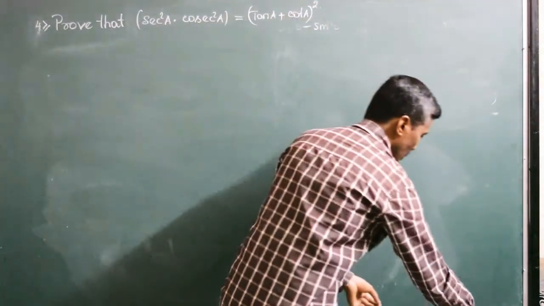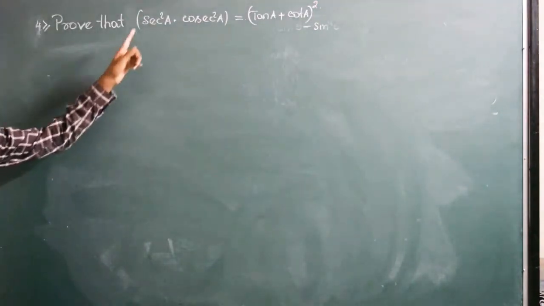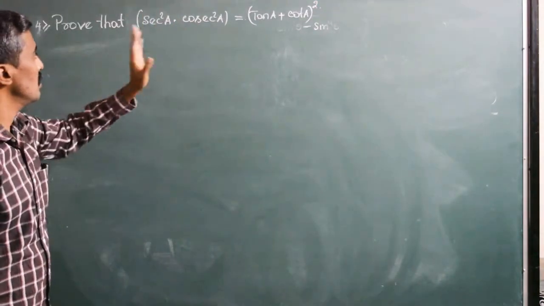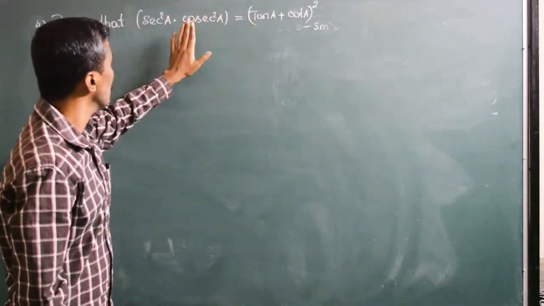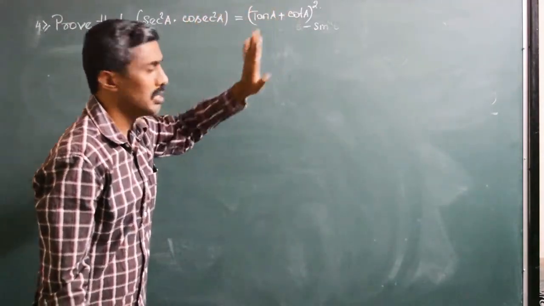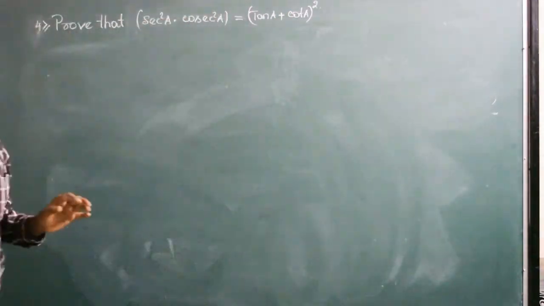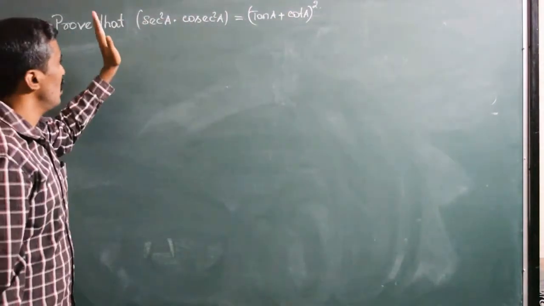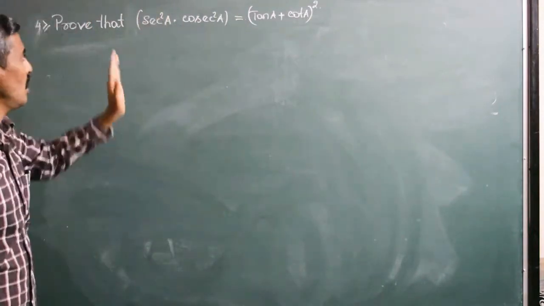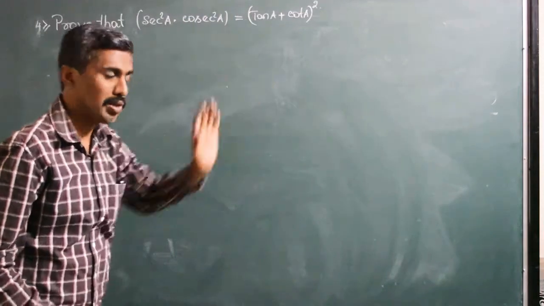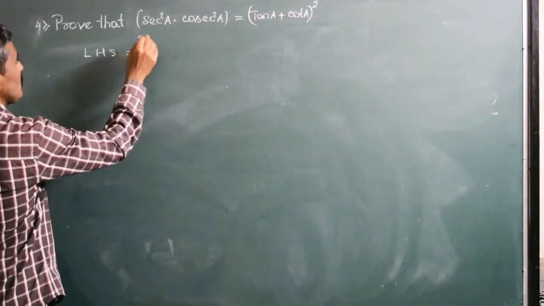So in the right hand side terms are in tan and cot, but in the left hand side secant and cosecant. Secant has the relation with the tan, cosecant theta has the relation with the cot, correct? So in the left hand side start with expressing secant square theta in terms of tan and cosecant square theta in terms of cot. So LHS is equal to secant square theta.